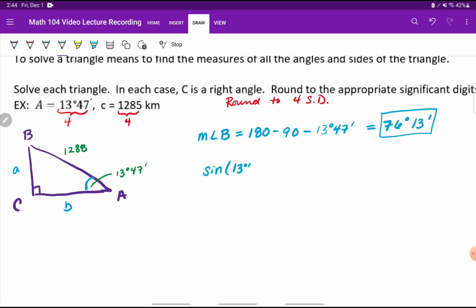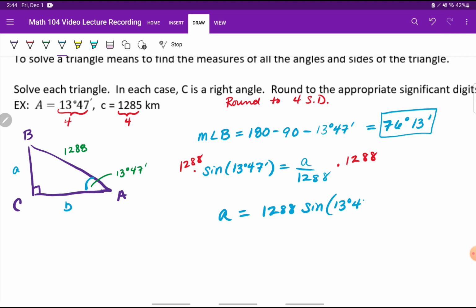Sine of 13 degrees, 47 minutes is equal to A over 1,288. To solve for A, we'll multiply both sides by 1,288. Our side A will be 1,288 times sine of 13 degrees, 47 minutes, and we're putting that right into our calculator.